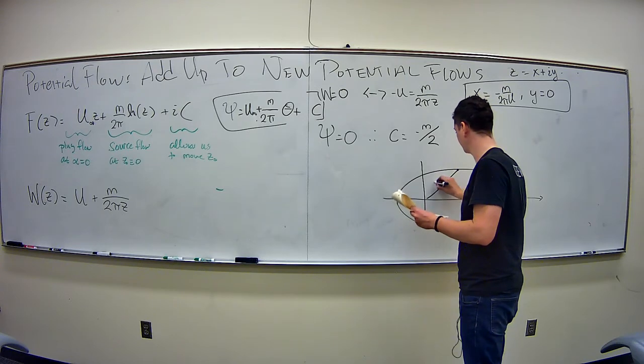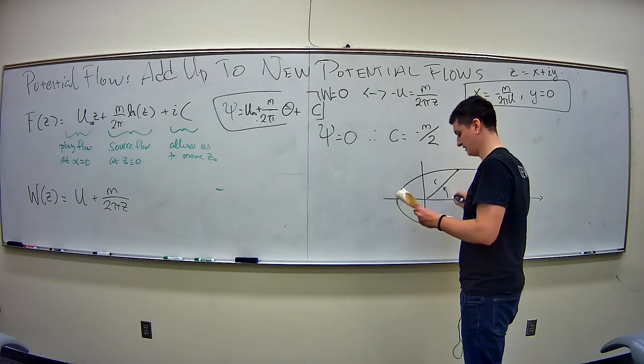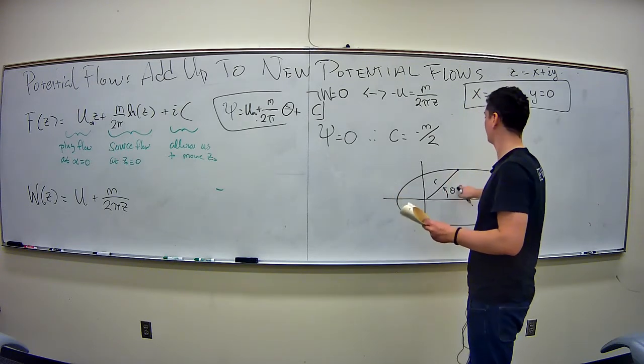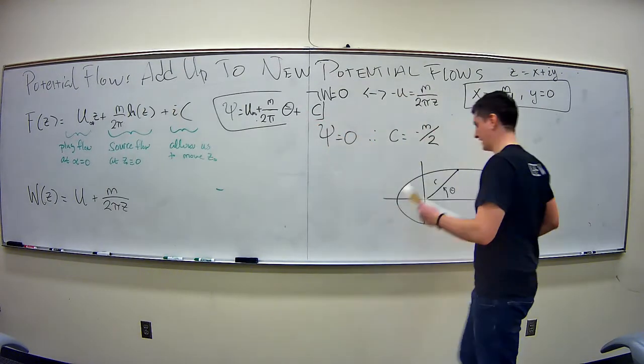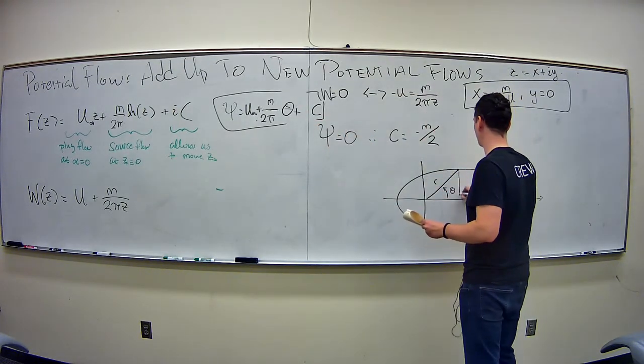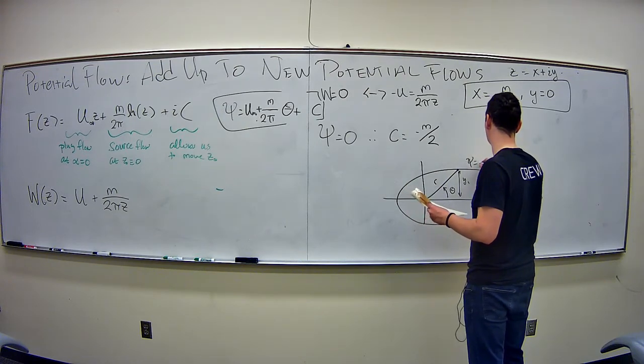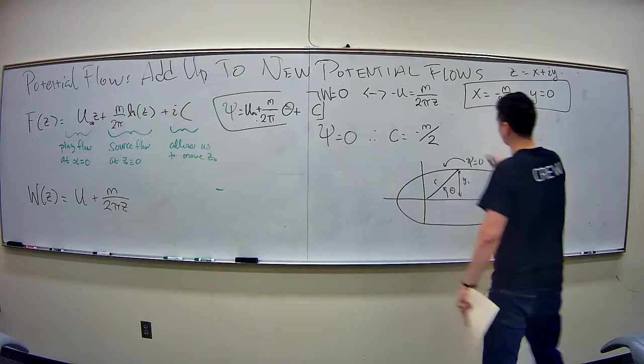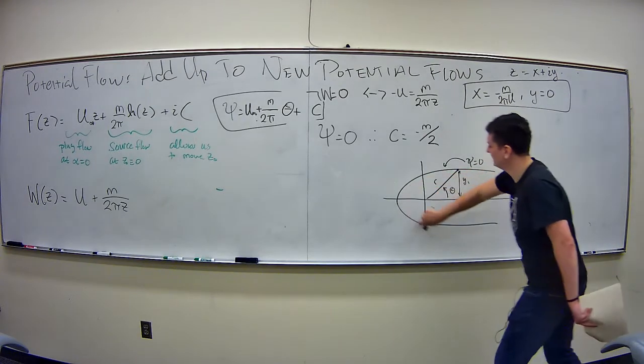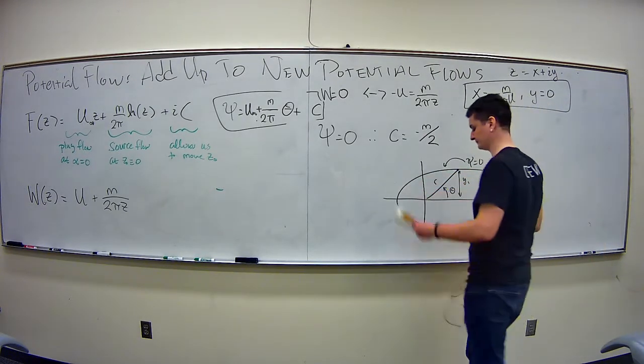This is going to be my R. Here is that theta, which corresponds to right there. I'm only getting this from plotting my weird complex stuff and seeing what it really looks like. So the stream function equals 0 at all of these points right here.